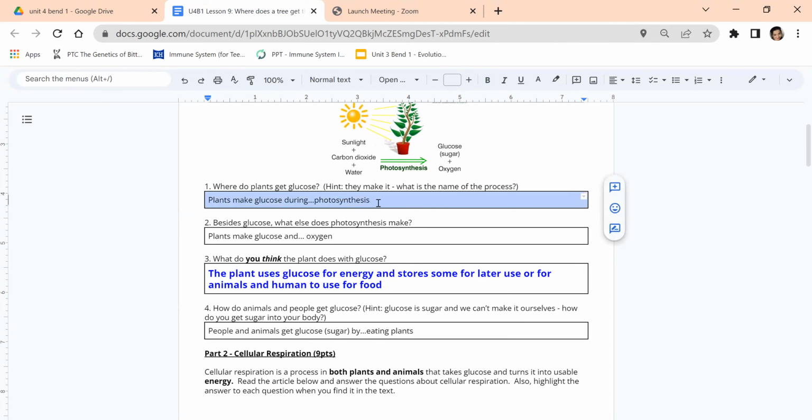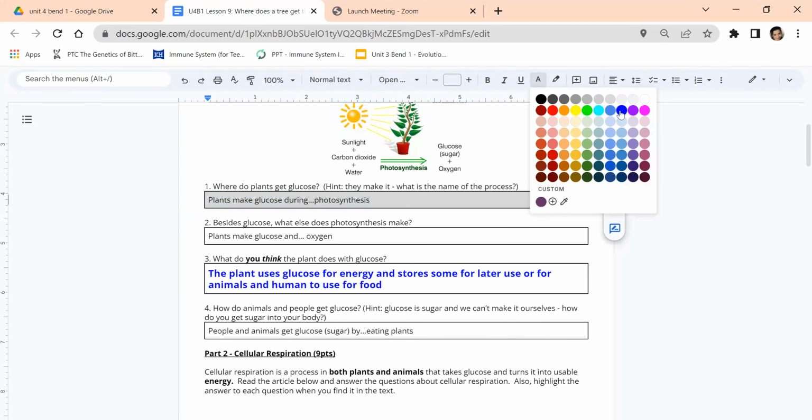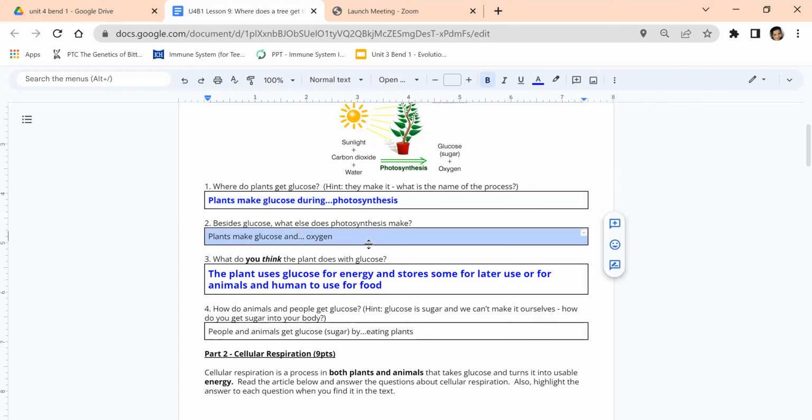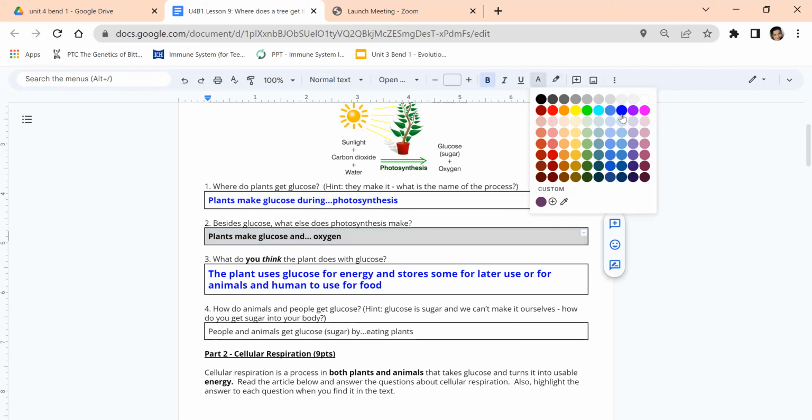Plants, during photosynthesis, make the glucose and the oxygen that animals and humans need.